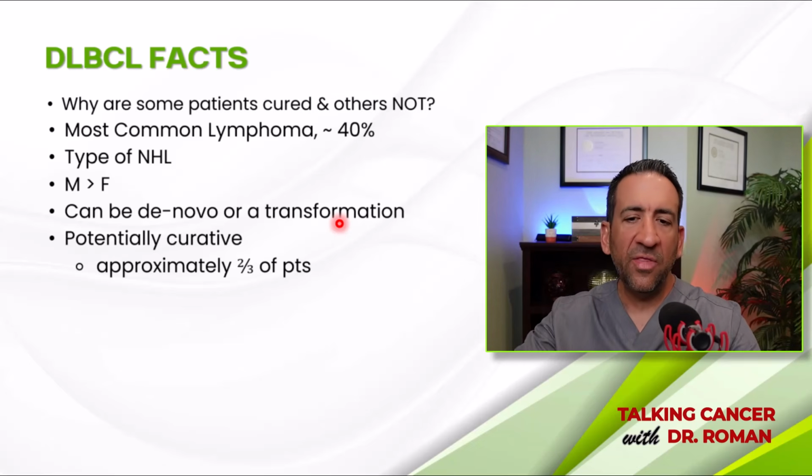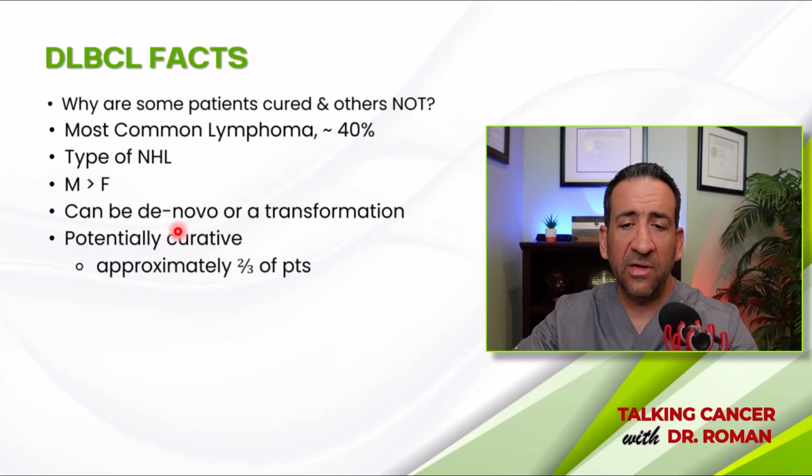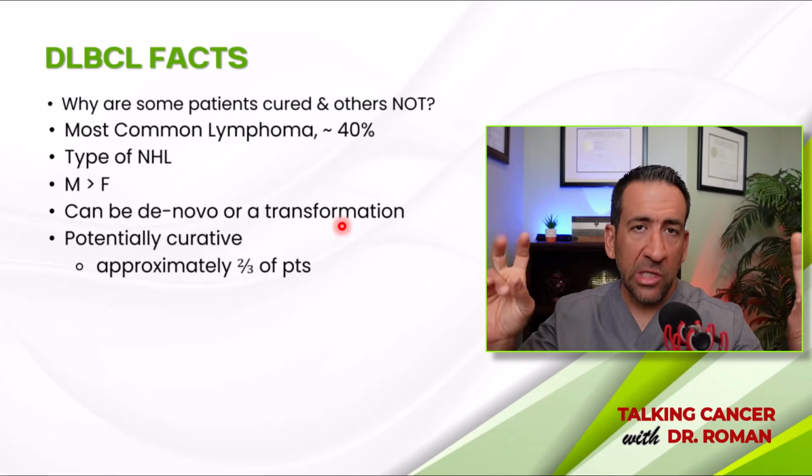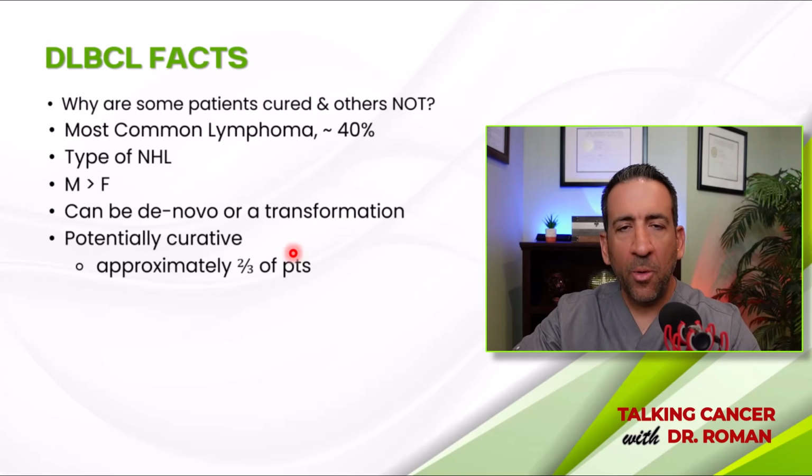So that's what I mean here, that your diffuse large B-cell lymphoma can be de novo, meaning it started as a diffuse large B-cell lymphoma, or it can be a transformation from a prior low-grade or slow-growing lymphoma.